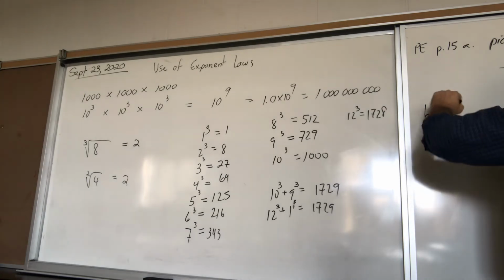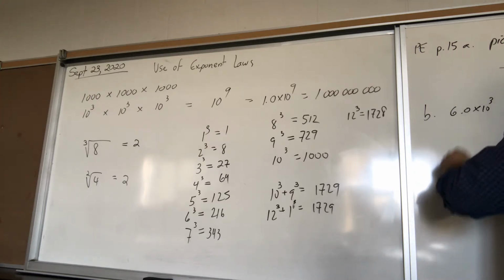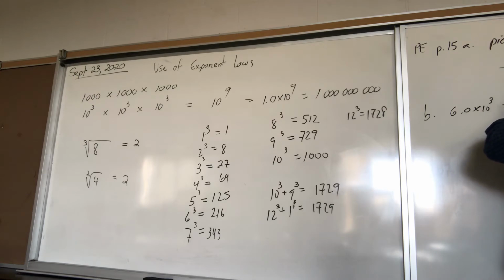The next one is they ask you to convert 6.0 times 10 to the power of 3 meters. So you can rewrite it as 6.0 times 10 to the power of 3, times 1,000, because that's what 10 to the power of 3 is, 1 with 3 zeros. Or you could say 6 times 1,000, which is 6,000 meters.